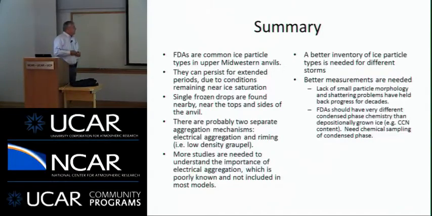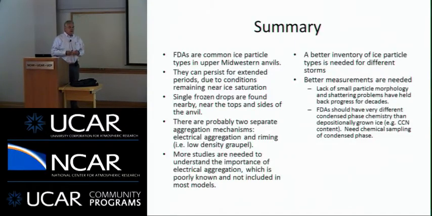I think there are two mechanisms: the more traditional riming process that would produce some low density graupel, but also electrical aggregation, at least for some of the particles, appears to be important. But we're certainly scratching the surface in terms of what's needed to understand the importance of this, and it's not even included in models. We need a better inventory of ice particle types for different storms, particularly with regard to different latitude variations.